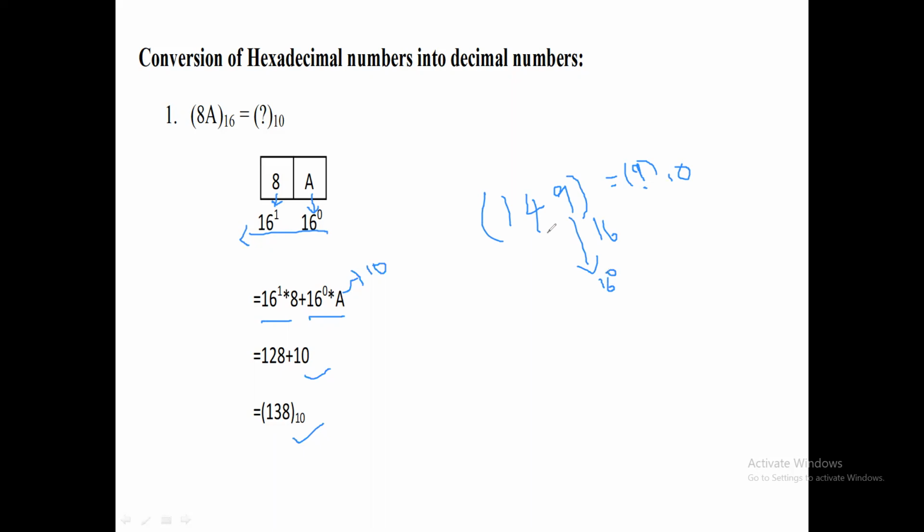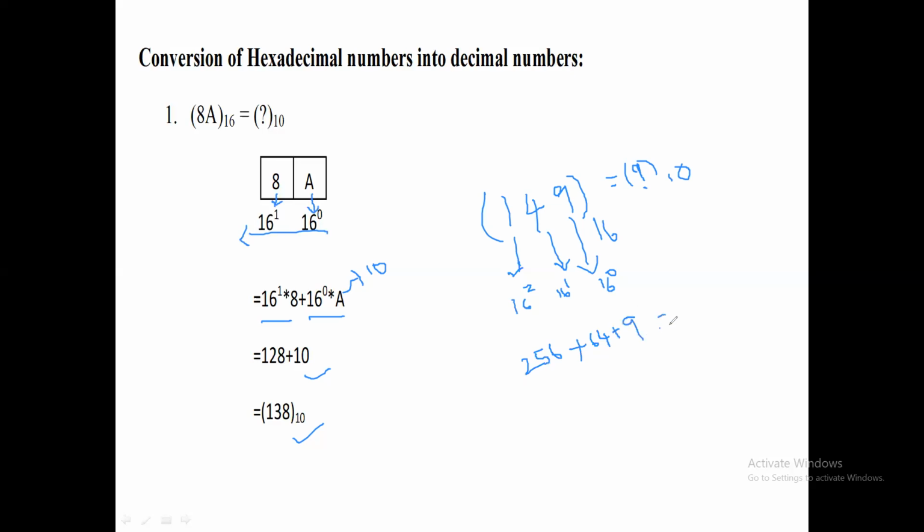The positional value. 4 into 16 power 1, that makes it as 64, plus 1 into 16 power 2, that is 256. So 256 plus 64 plus 9. You can calculate that value. It's going to be 256 plus 64 plus 9.